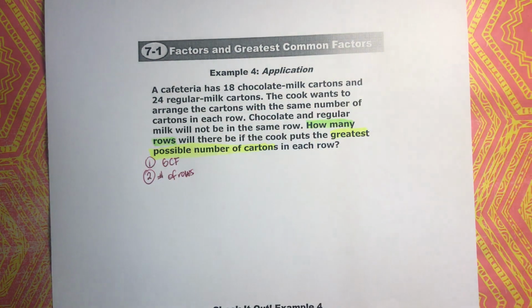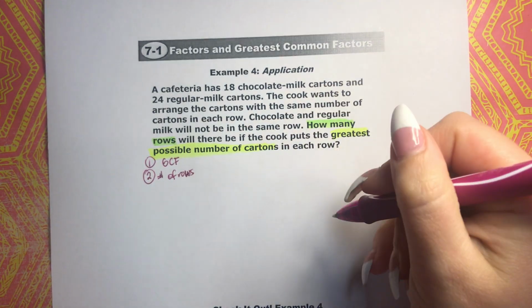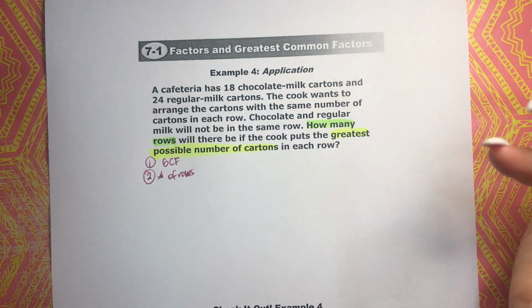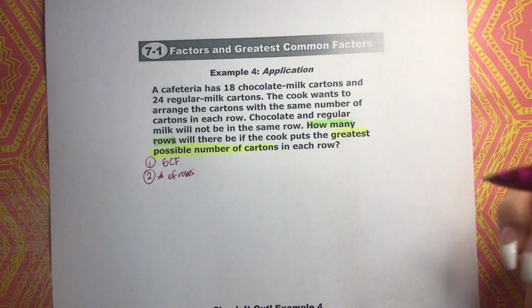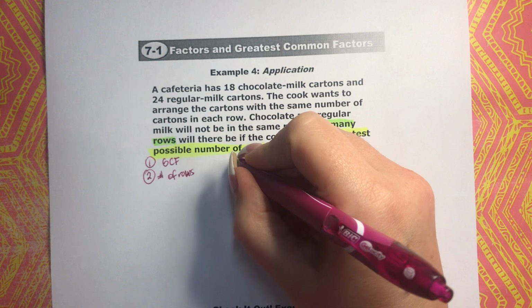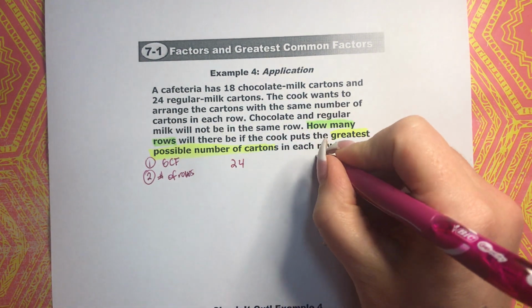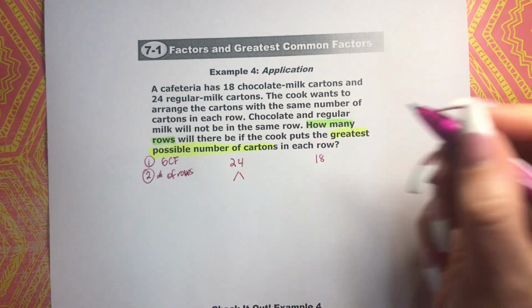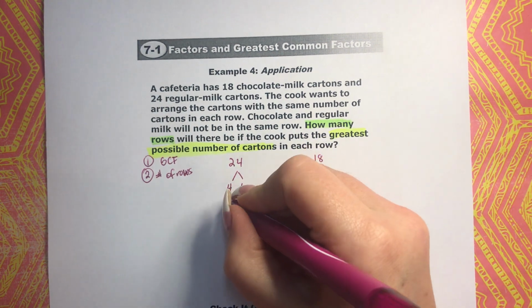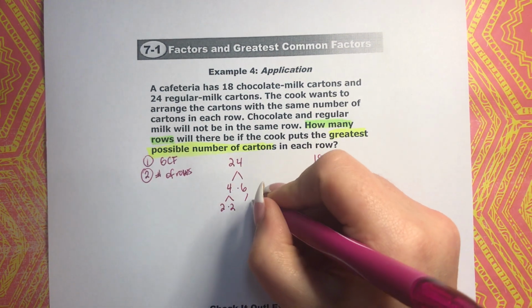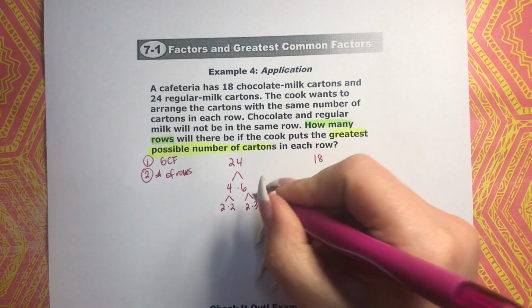I think when I do this GCF, I'm going to do it the fast way. So I'm going to break down 24 and 18 into their prime factorizations. 24 is the same thing as 4 times 6. 4 is the same thing as 2 times 2. 6 is the same thing as 2 times 3.